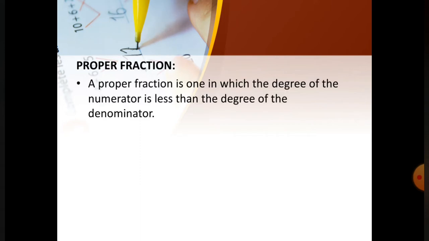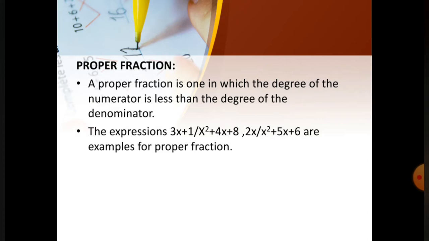Next, proper fraction. A proper fraction is one in which the degree of the numerator is less than the degree of the denominator. The expressions 3x plus 1 by x square plus 4x plus 8, and 2x by x square plus 5x plus 6 are examples for proper fraction.